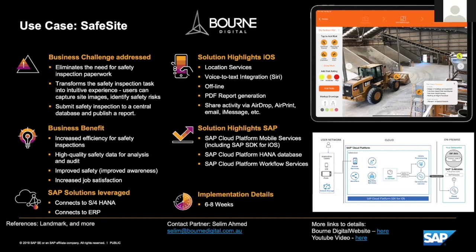Also here I'm referencing one of the success stories for Born Digital, the contact partner and so forth. And then also there are links to videos and to the website. The same thing, the same content we provide then for our other FastStart partners. If you have more questions on the FastStart partners, which are not in the session today, check out the web pages and we can provide additional information.